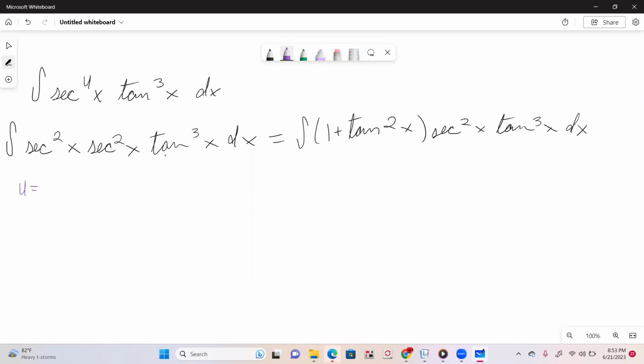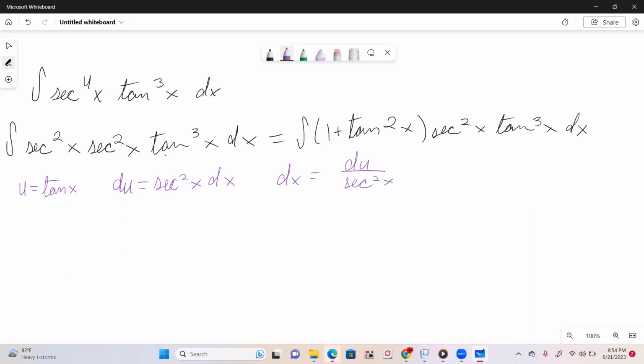So our u is equal to tan x, meaning our du, which is the derivative of u, is equal to secant squared x dx, and our dx is just equal to du divided by secant squared x.